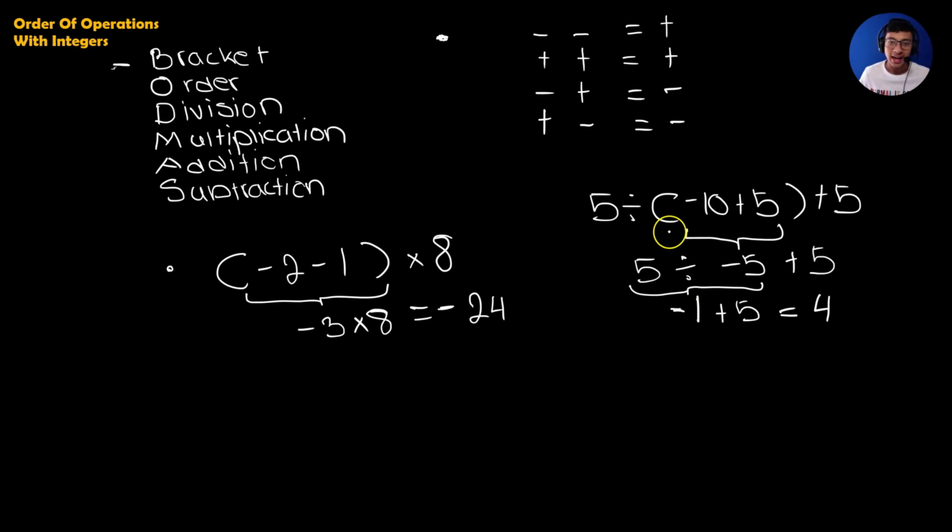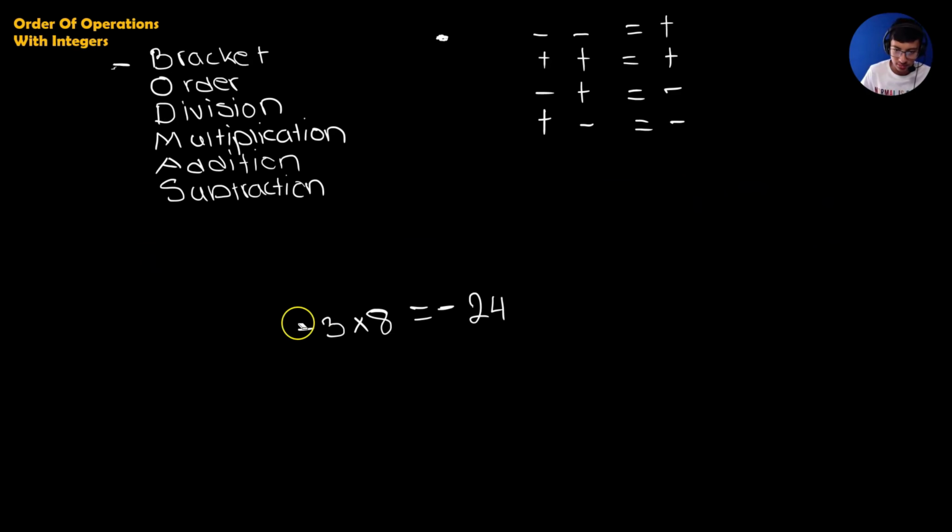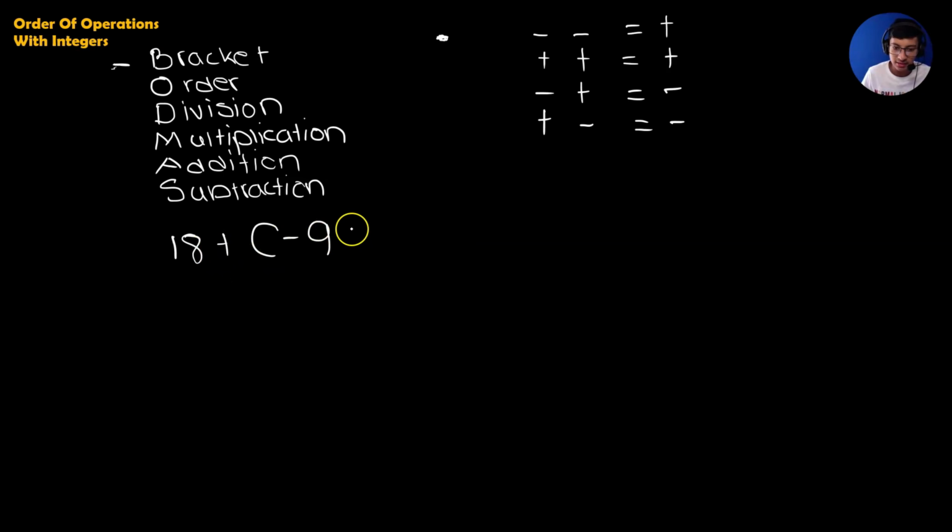I know it's a bit hard, but once we keep these two main things in mind, we can get through this. Let me erase all of this and we can do our next one. We have 18 plus bracket -9 close bracket, times 1.